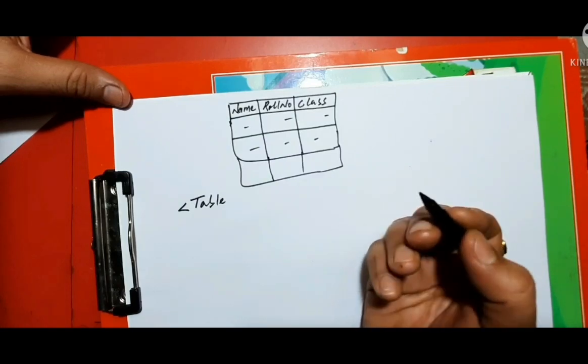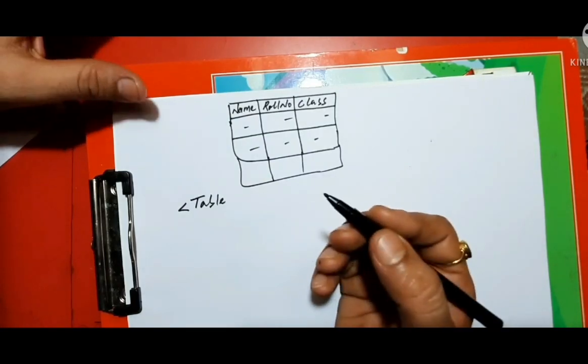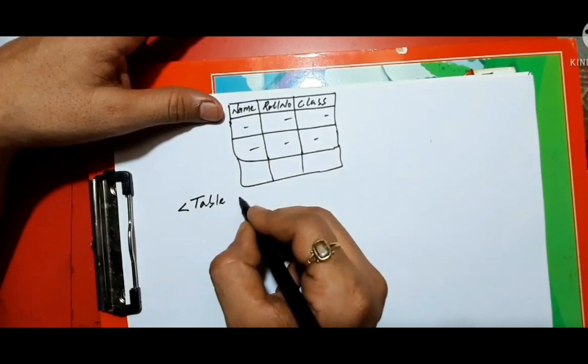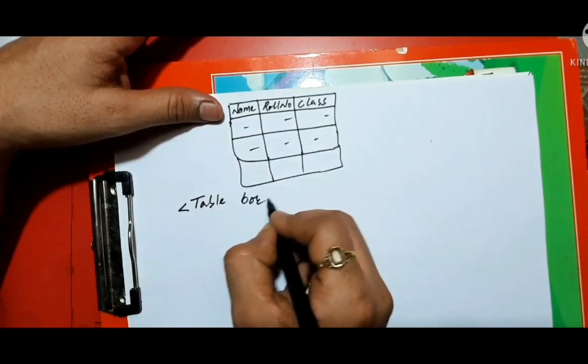Let's use 2-3 attributes. The first attribute is border.